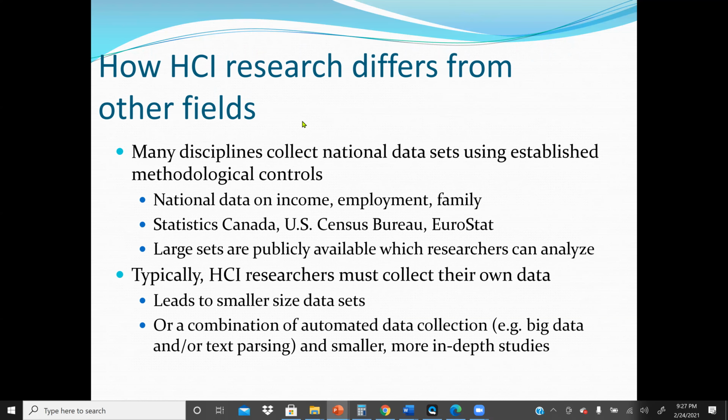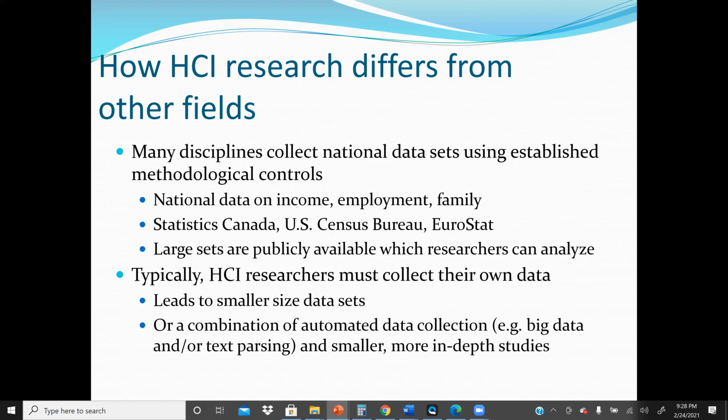So how does HCI research differ from other fields? Yeah, we know many disciplines collect national data sets using established methodological controls. Examples would be national data on income, employment, family.